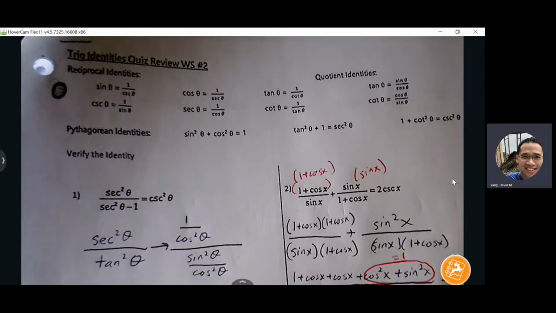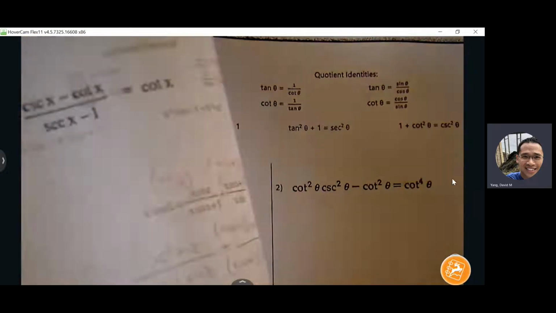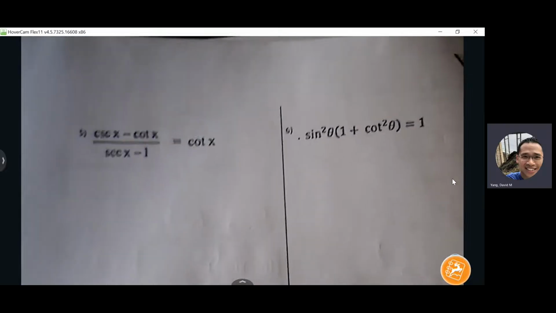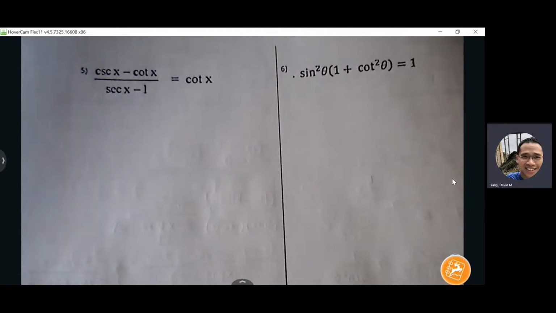So worksheet 2, we did the first page. So let's go through, work on 5.